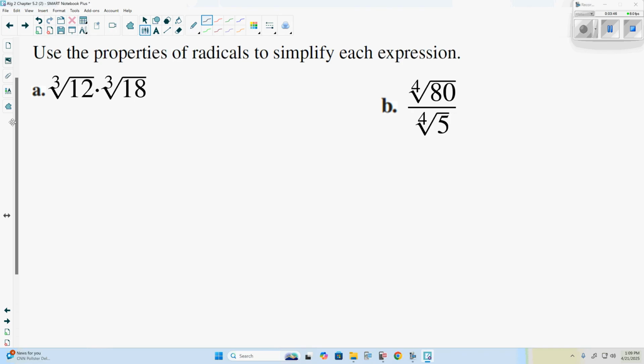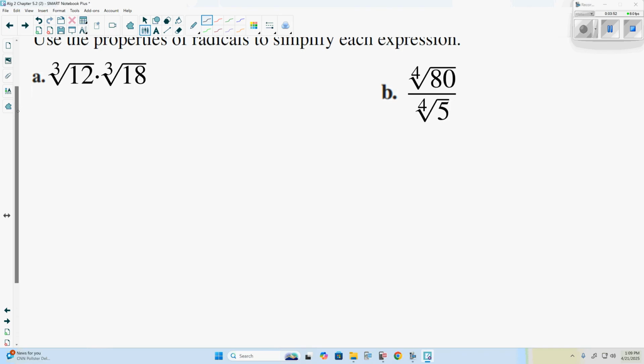It's not going to tell you what it is in simplest radical form like it would with square roots. So we actually need to know how to break them down. With our first one here, the cubed root of 12 times the cubed root of 18, we're looking for what number times itself 3 times would give us 12 or give us 18. And one of the easiest ways to find that is our factor trees.